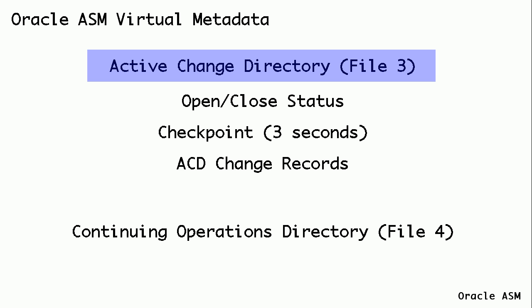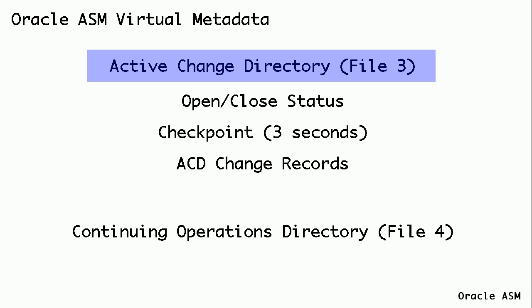Next, the Oracle ASM Virtual Metadata structure is the Active Change Directory. The file number for the Active Change Directory is 3 in every disk group. The Active Change Directory is like redo logs in an Oracle database.